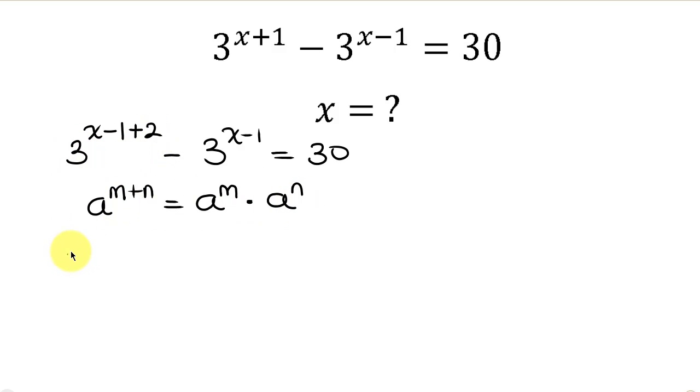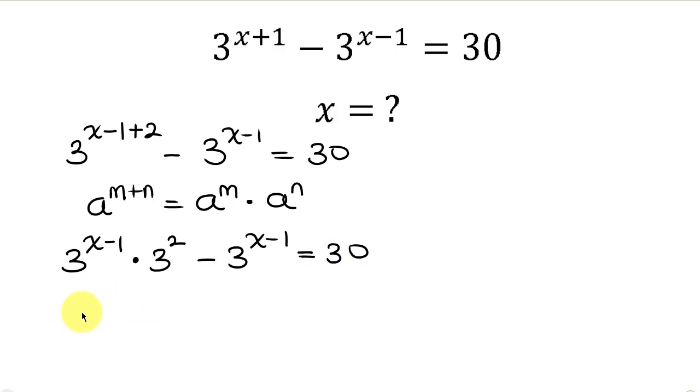So we have 3 to the x minus 1, and since we have plus here, it will be multiplication, 3 to the 2, that is it, minus 3 to the x minus 1 equal to 30. And now simplifying further, we have 3 to the x minus 1 times 3 squared is 9 minus 3 to the x minus 1 equal to 30.